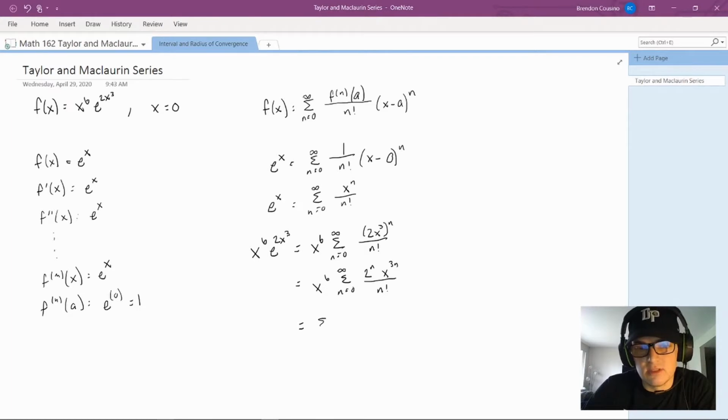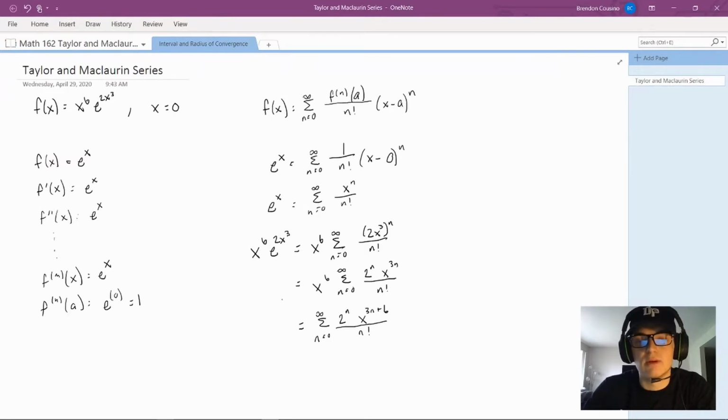So we have the summation as n is equal to 0 to infinity of 2 to the n, x to the 3n plus 6 using our exponent rules, divided by n factorial. Okay, and so now we have our Taylor series representation of this function.